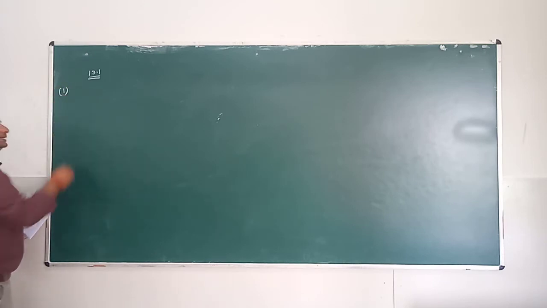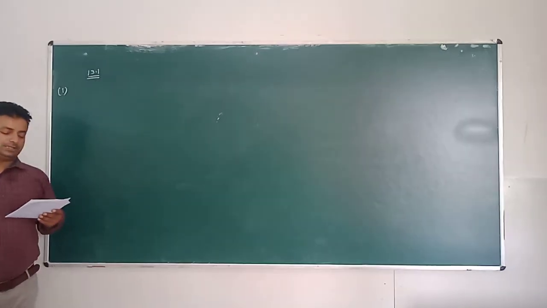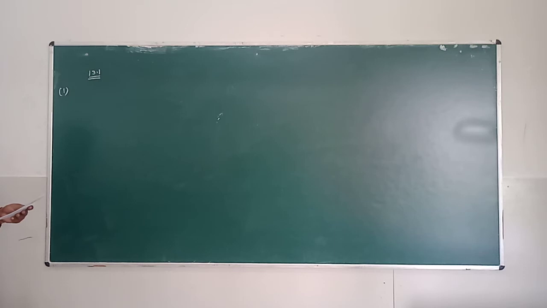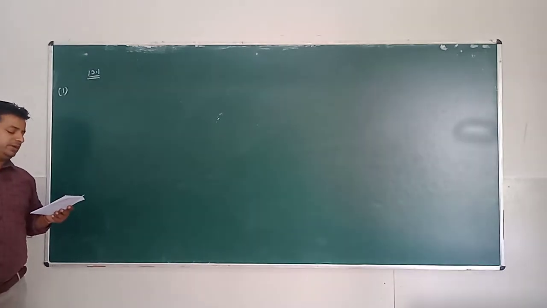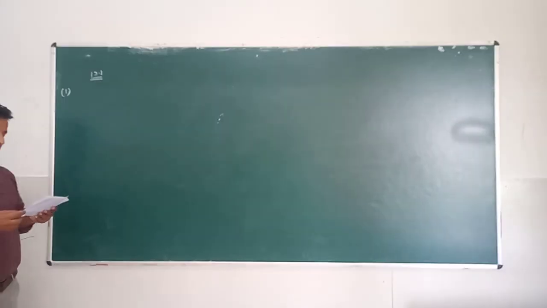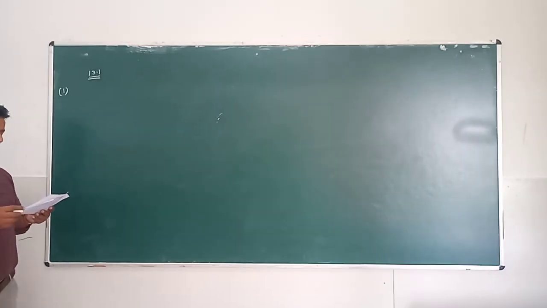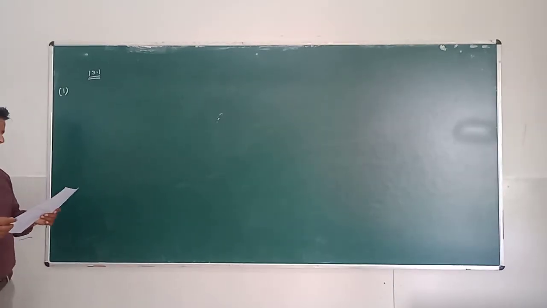In this exercise, question number 1 states: a plastic box 1.5 meter long, 1.25 meter wide and 65 centimeter deep is to be made. It is to be open at the top.